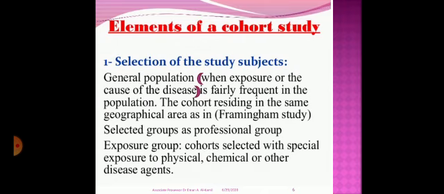So the most important elements in a cohort study: first, selection of the study subjects, or the cohort, or the group who are going to have the exposure to a certain risk factor. And there are different types of cohort according to the type of risk factor or exposure you want to study.